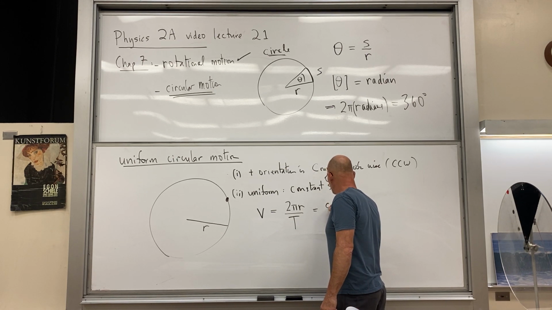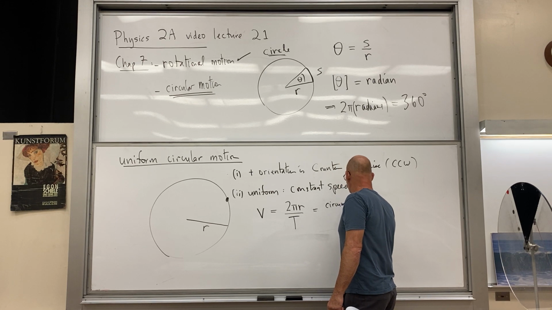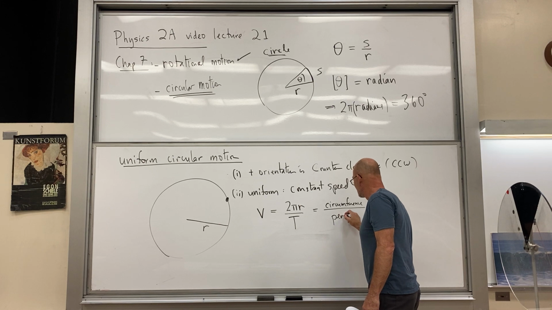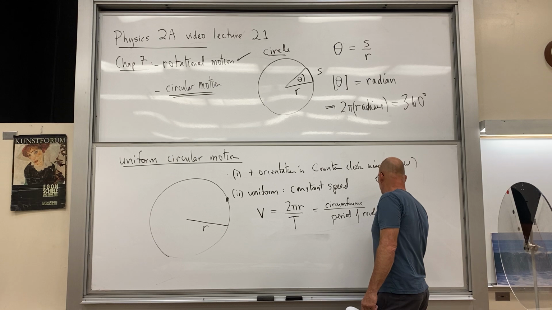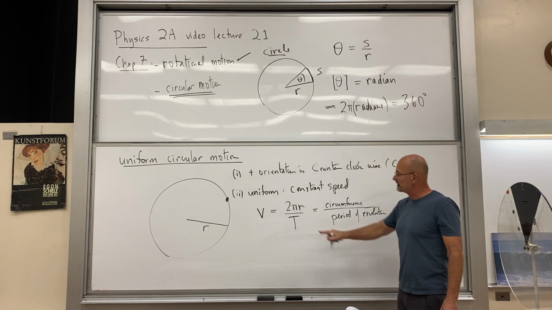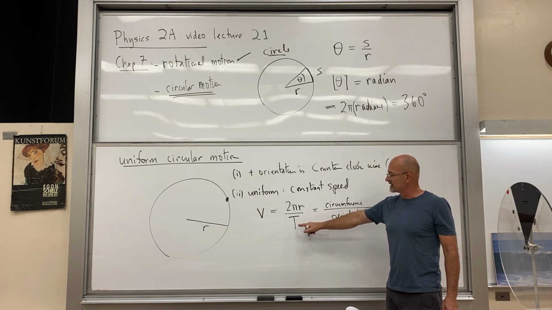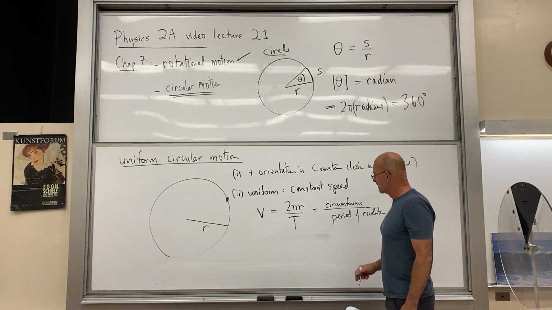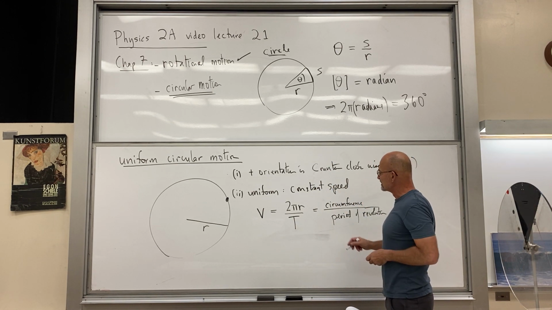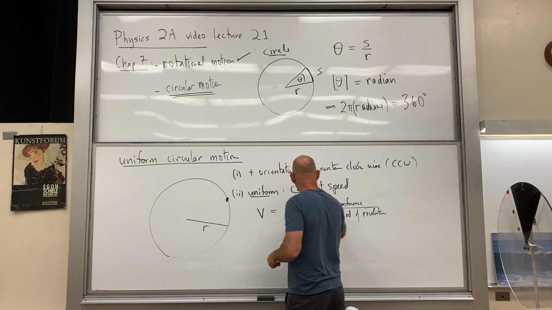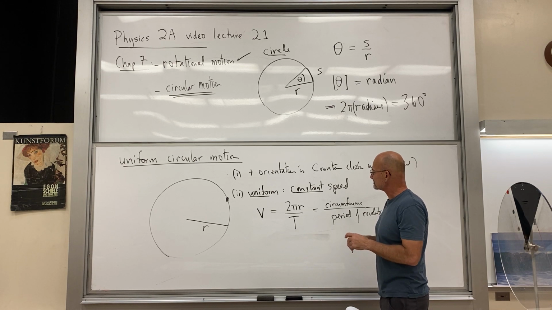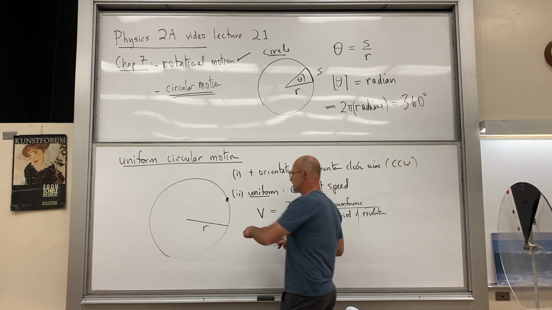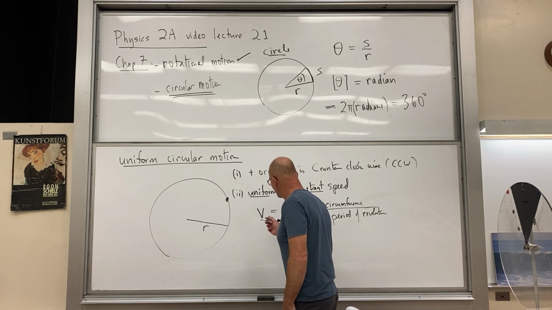The circumference is a length, and this is the period of one revolution. We use T for tension often, but now we're using it for the time it takes to go around once. So that's what we mean by uniform. It's constant, and there's a definition for the value of that constant. Okay, so things are going around and around counterclockwise.